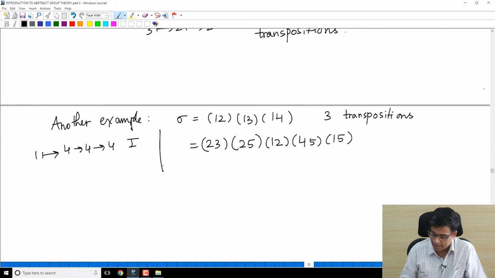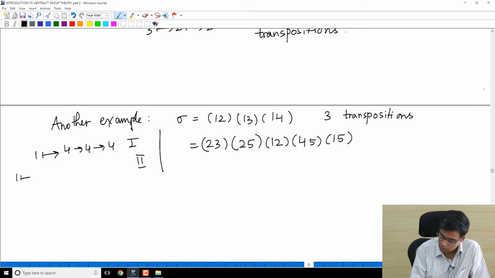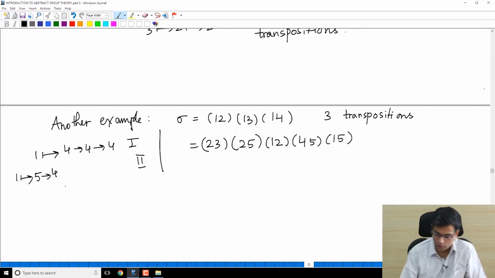What happens to 1 under the second one? 1 goes to 5, 5 goes to 4, and then 4 is not appearing there. So 1 goes to 4 under the second one as well. Similarly, you can check that these two decompositions are the same.